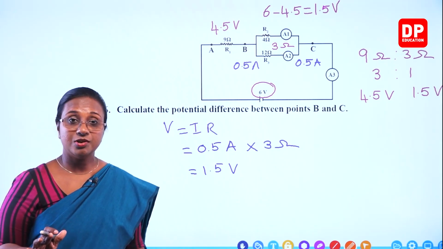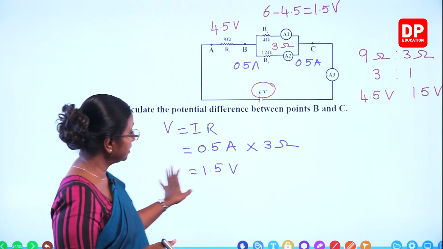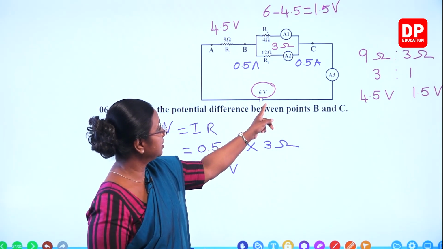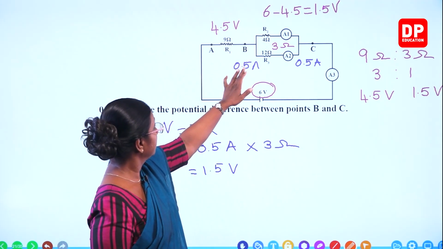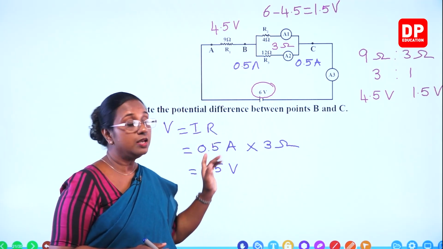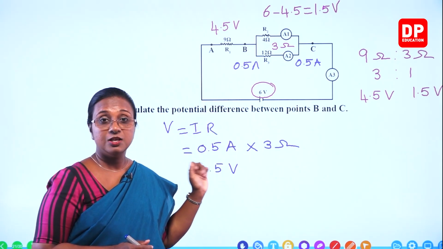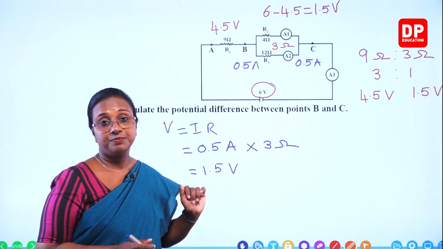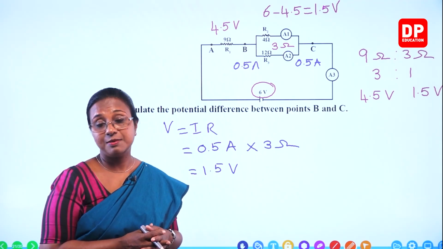Is that clear to you all? So you can use any method. You can use this method to calculate, or the first method where you consider the total potential difference and subtract the potential difference between points A and B to find the potential difference between B and C. You will get the same answer.